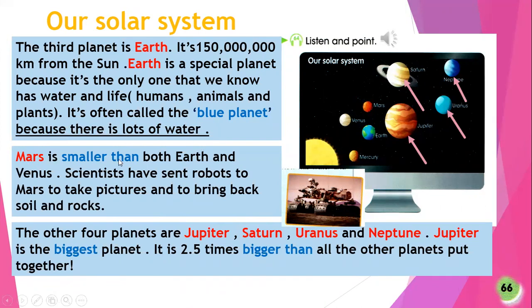Mars is smaller than both Earth and Venus. Scientists have sent robots to Mars to take pictures and to bring back soil and rocks. The other 4 planets are Jupiter, Saturn, Uranus, and Neptune. Jupiter is the biggest planet. It's 2.5 times bigger than all the other planets put together.